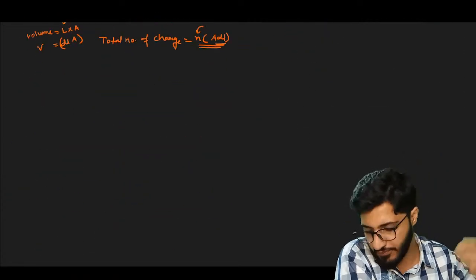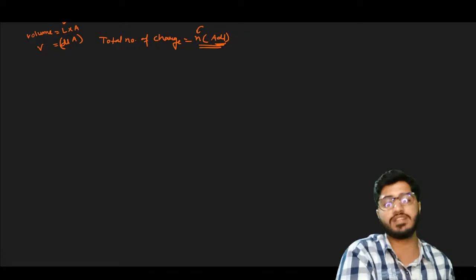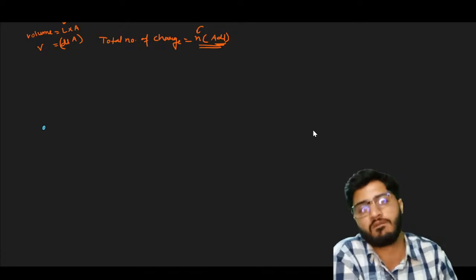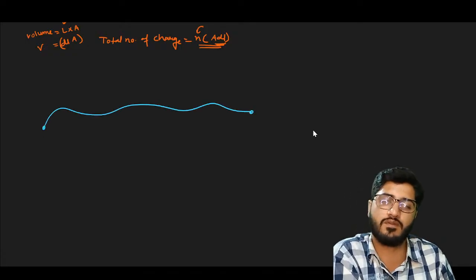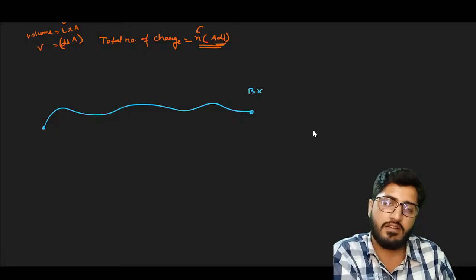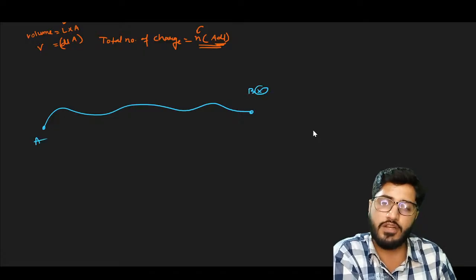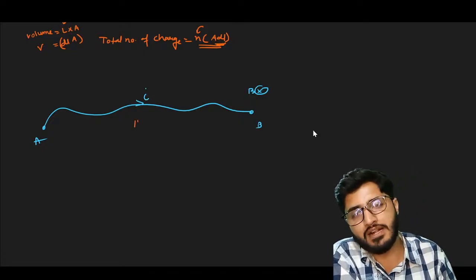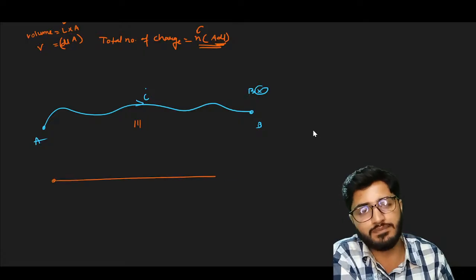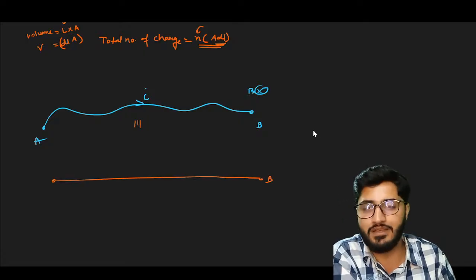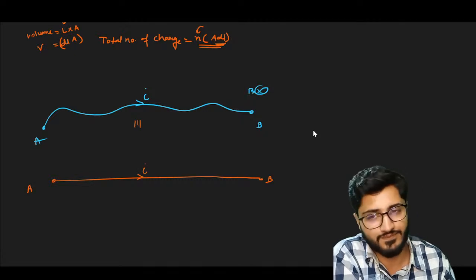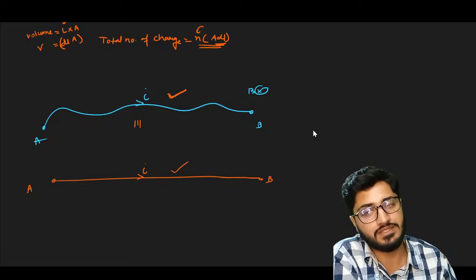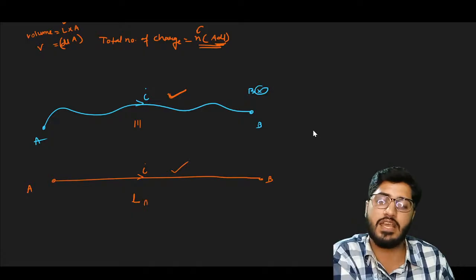We know it, right? I'm not taking that much time to understand this. So let us suppose we have a wire, present in a magnetic field, with points A and B and current I. For numerical purposes, I will take a displacement vector from A to B. Instead of this curved wire, I will take a straight line wire. This is L, the displacement AB.